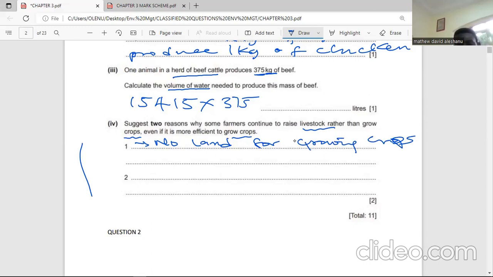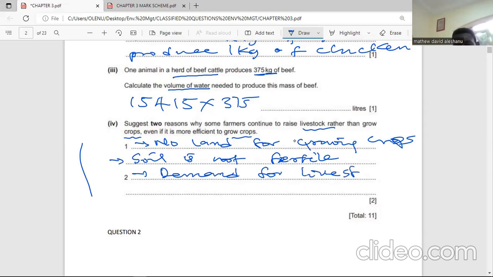It might be that the soil is not fertile, and once the soil is not fertile, it will not be suitable for growing crops. Another thing is, there might be that the demand for livestock is higher than crops.